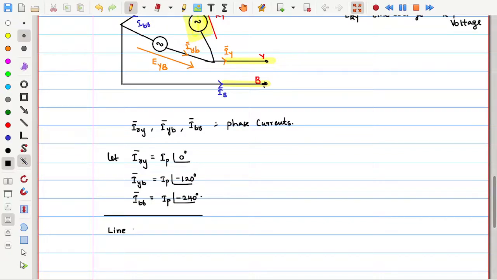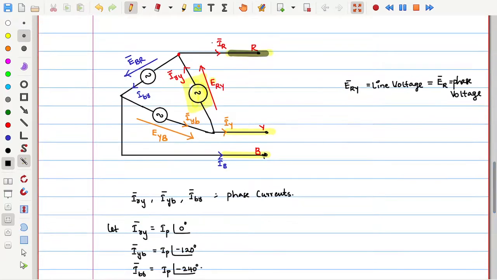How? How can we write the line currents? Let me take the R phase line current, this one, IR. Write down the KCL at this node. Here, try to see IR and IBR are leaving, and what is entering? IRY.